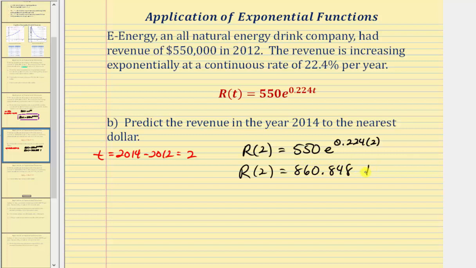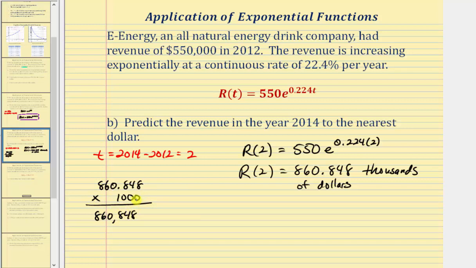Again, this represents thousands of dollars. So if we want the units to be dollars, we'd have to take 860.848 and multiply by 1,000, which is the same as moving the decimal point to the right 3 times, or 3 places, which should be 860,848.